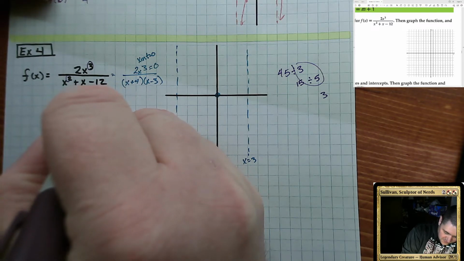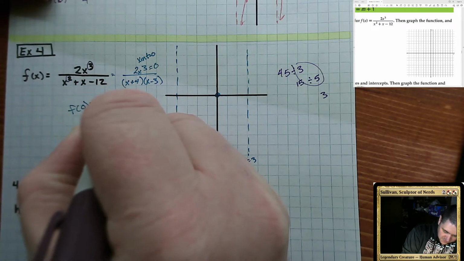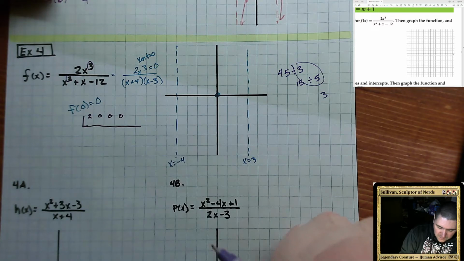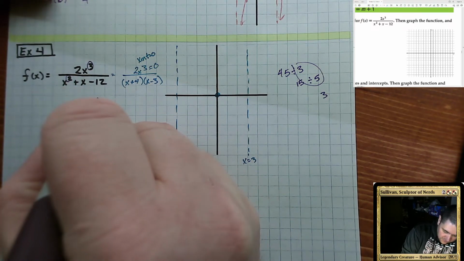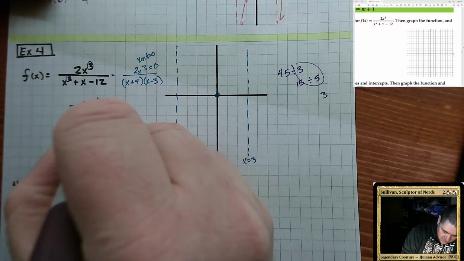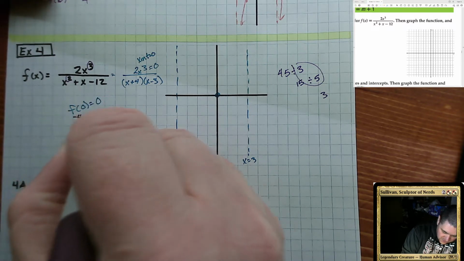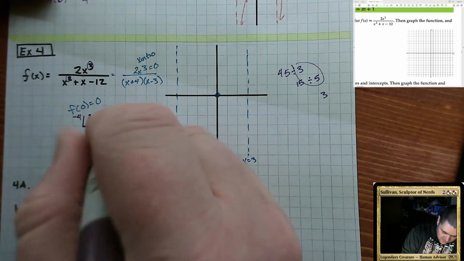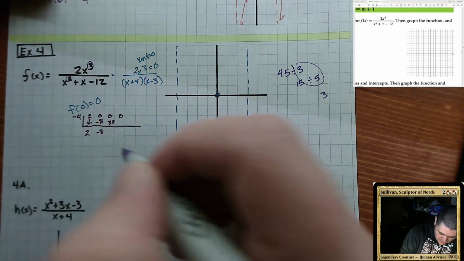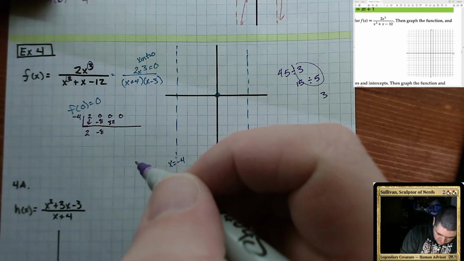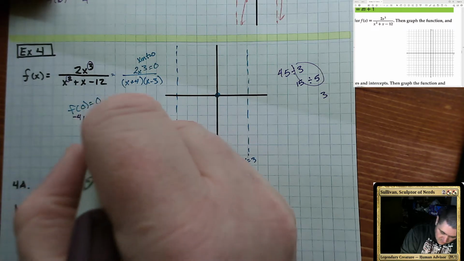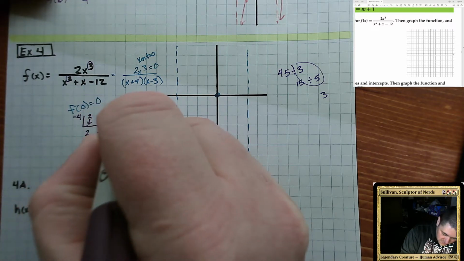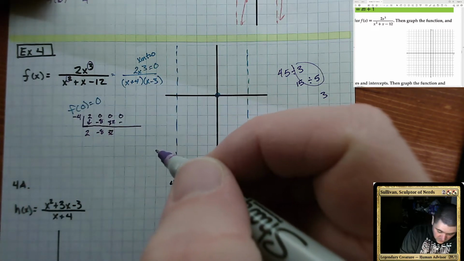is I can set 2, 0x squared, 0x, 0 constant, and I can divide synthetically by -4: -8, 32, -128.